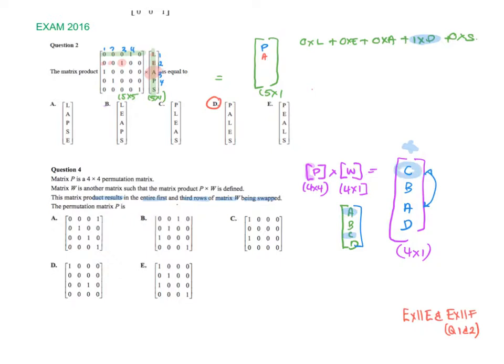So in my answer over here, I'd want to see C and A in the different positions. All right. How did I know that matrix W is a 4 by 1? Because it is defined, so I know it definitely has to be a 4. And normally they're just a column matrix when we're swapping them. So you could just give it a go. This is going to work. So let's have a look.